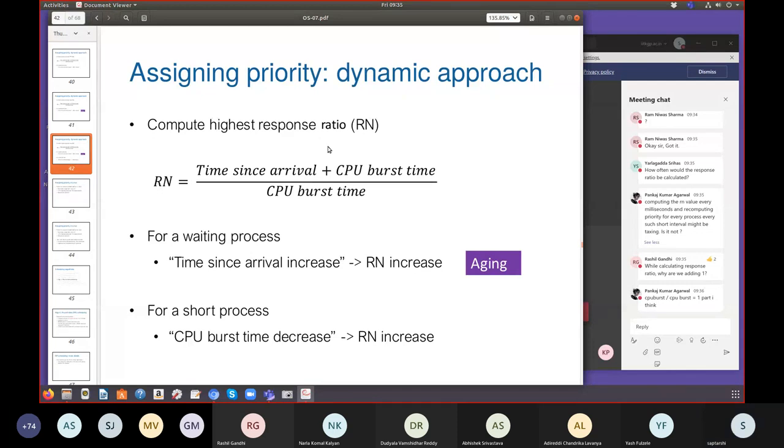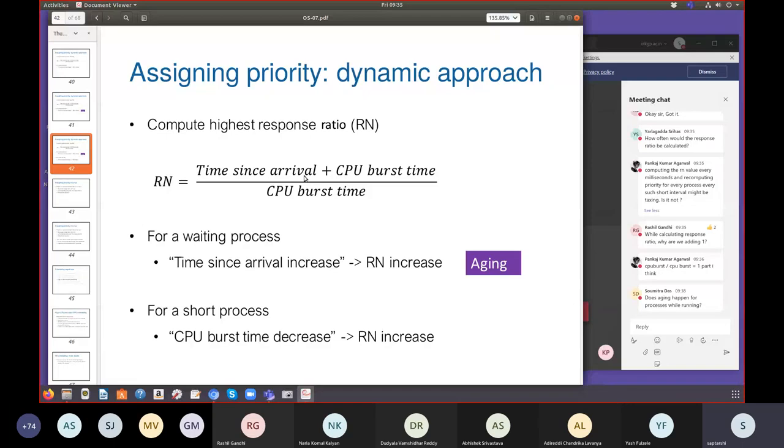The time since arrival is noted by the kernel. I don't know if you know, but in Linux, Unix, etc., you can actually ask for the CPU time that a process ran. There are commands for that.